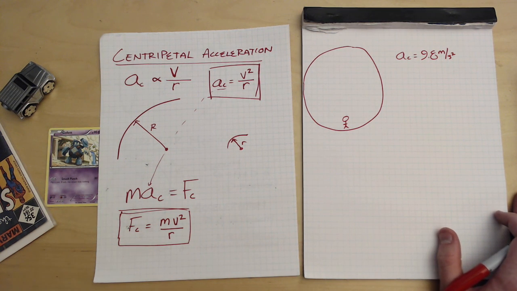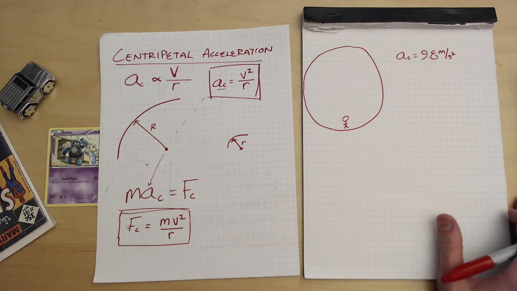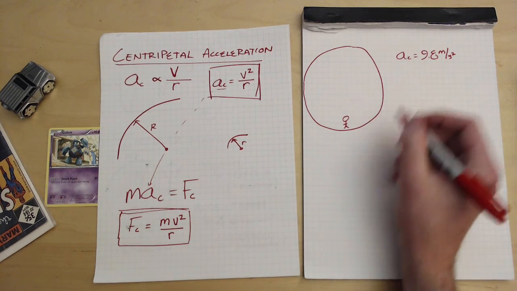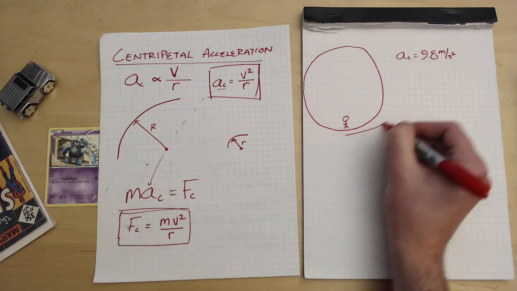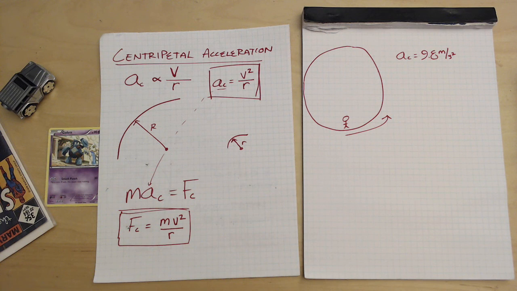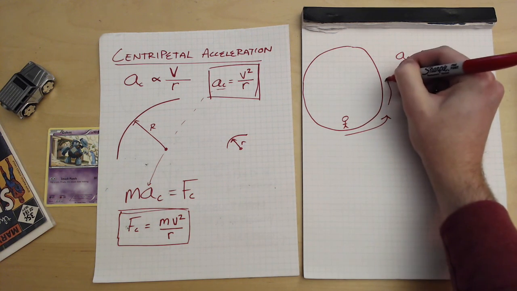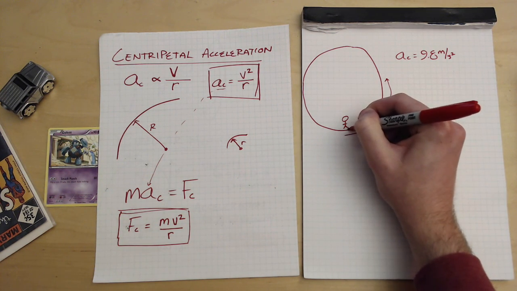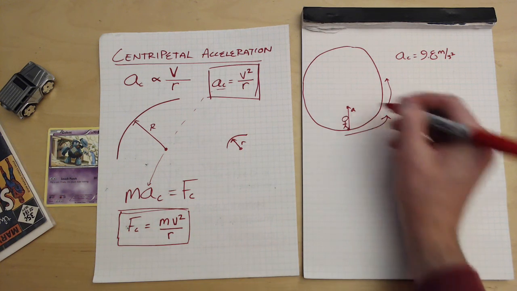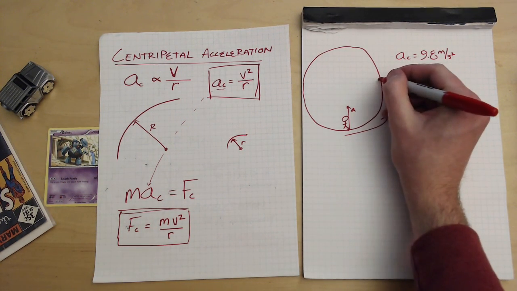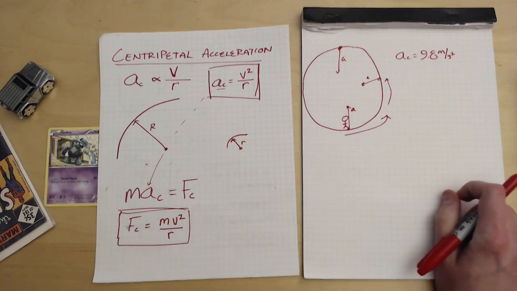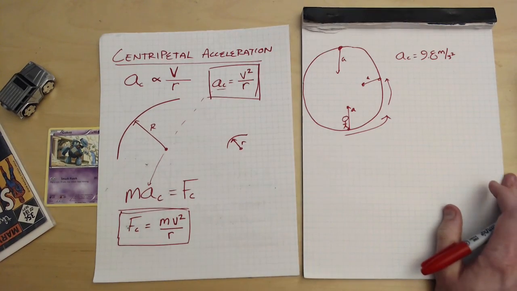The difference is that the Earth acceleration is from gravity because the Earth has a mass. This acceleration is because this person is moving around in a circular motion, and there's an acceleration of the floor up towards the center at every single point.